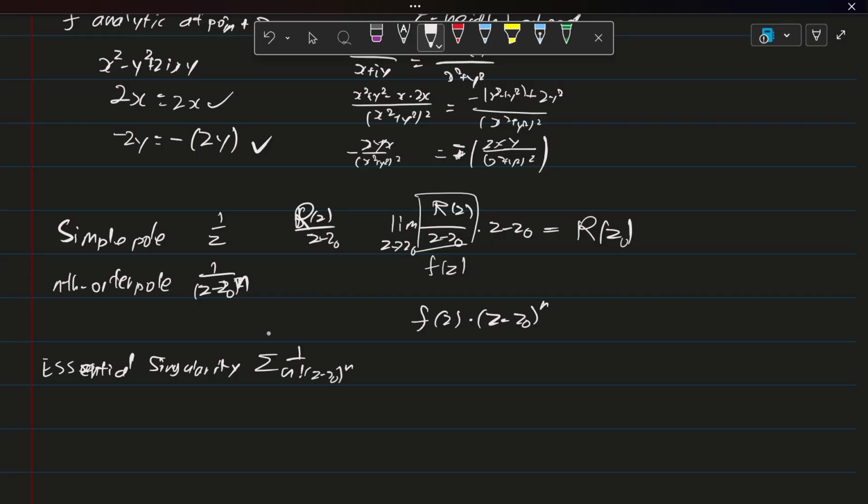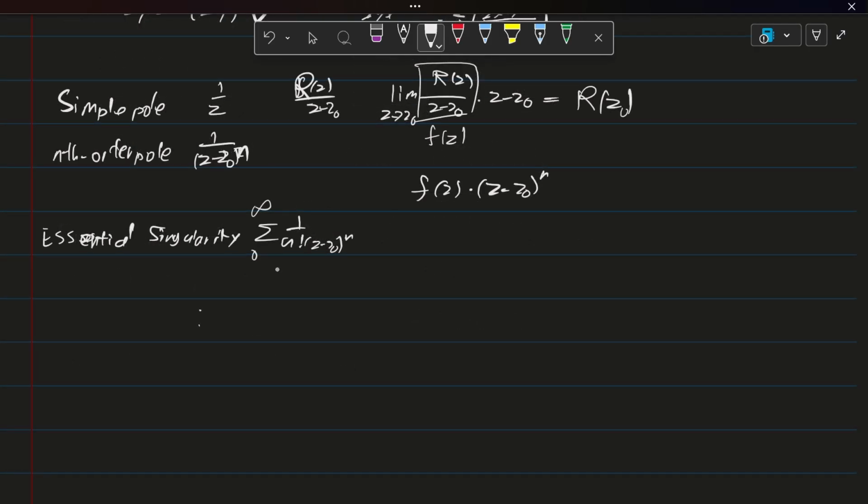And so you couldn't take any value of n because it's going much faster. It's going from 0 to infinity. So any type of z minus z0 to the power of n doesn't constrain your function here, which is why it is called an essential singularity, because it goes much faster.